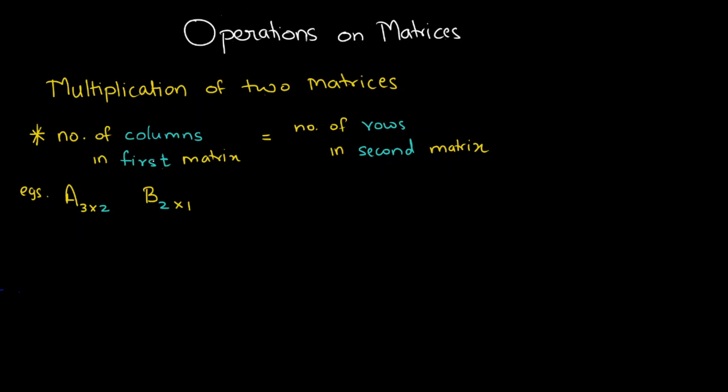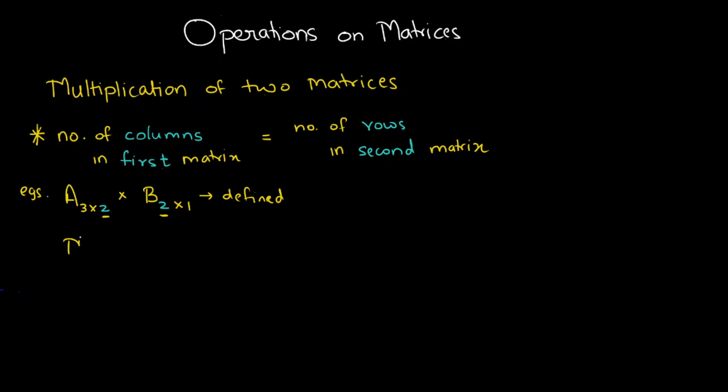So matrix multiplication is defined only if the number of columns of the first is equal to the number of rows of the second. And so in this case, as you can see, matrix A into matrix B is defined. We will get matrix A into B, which we can see later on.